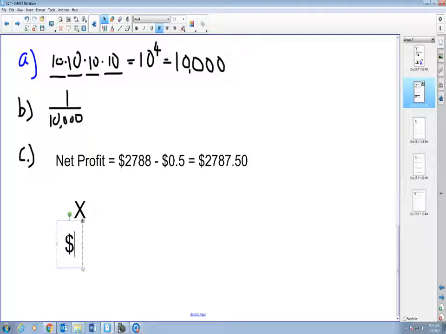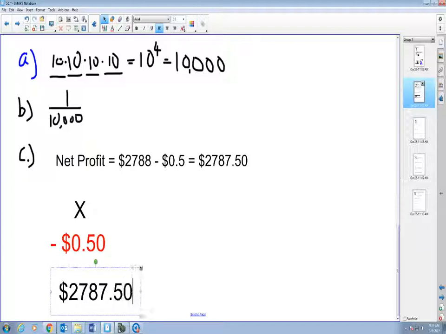Well, I have to pay first, so that's negative 50 cents. I'm going to put that in red. Or I can win, and if I win, $2,787.50.